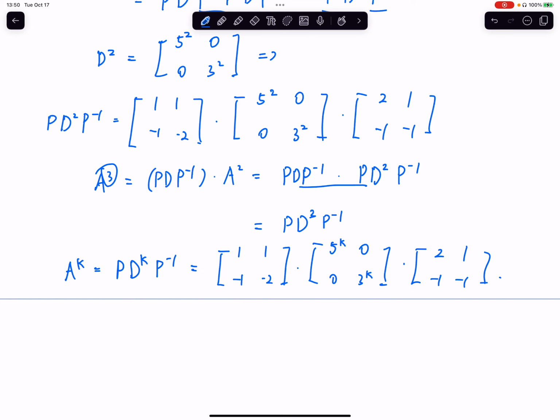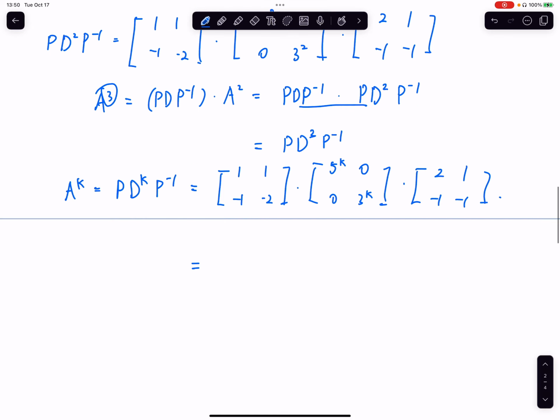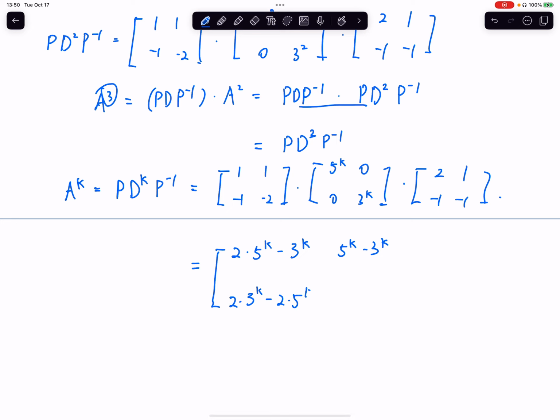We can make it into one matrix: 2 times 5 to the k minus 3 to the k, and 5 to the k minus 3 to the k, in the first row. In the second row, we have 2 times 3 to the k minus 2 times 5 to the k, and 2 times 3 to the k minus 5 to the k. And we're done.